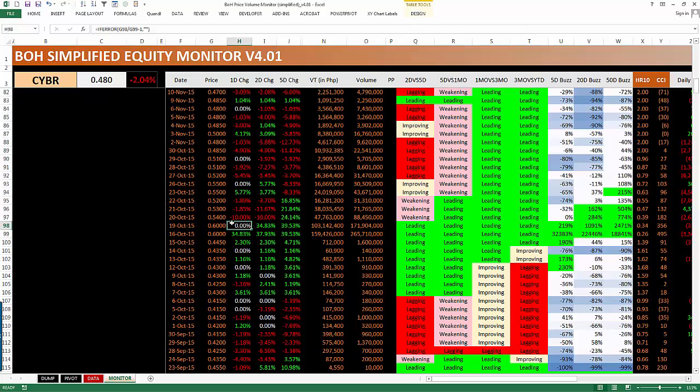So from an effort perspective, the next day after it printed its 3 standard deviation volume event, you know right away there's a problem, because its volume buzz did not correspond to the effort it produced that day. Half of that 265 was distributed or unloaded right away the next day by whoever came in. Then volume suddenly dried up and prices started to slide already.